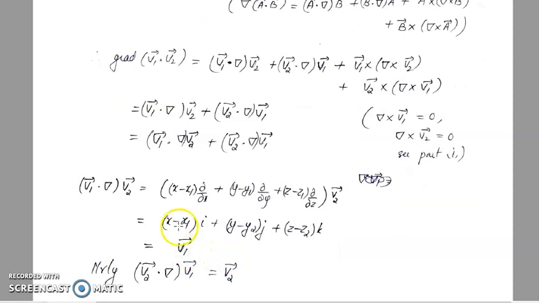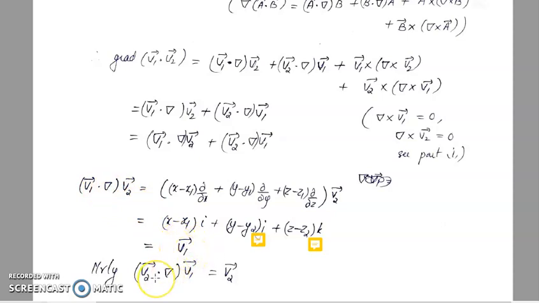So that is equal to V1. So that means V1 dot del into V2 is equal to V1.